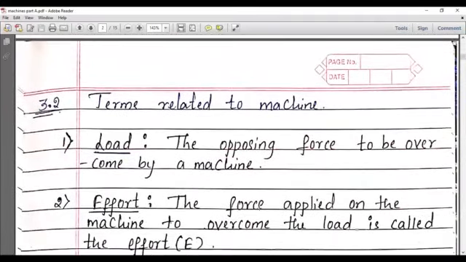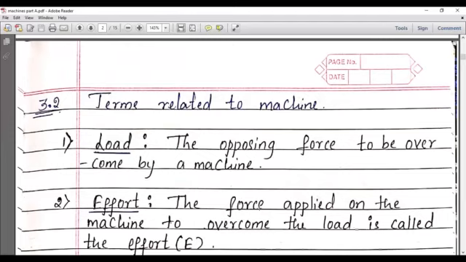Next one. There are some terms which are related to machines. The first one is load. See here. First case, you're cutting an onion with a knife. Second example, you're cracking a nut with a nutcracker. Third one, you're digging soil with a spade.